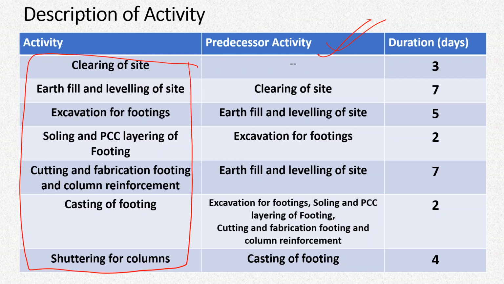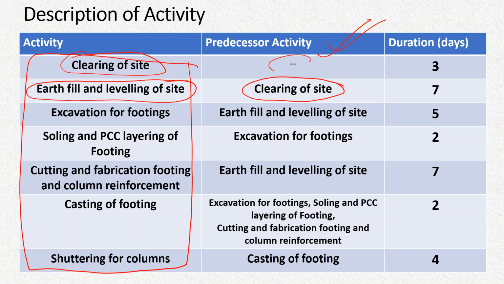The predecessor activity is the activity which is required to be completed before we start the given activity. For example, earth fill and leveling of site can start only after we complete the clearing of the site. But the clearing of the site is not dependent on any other activity, because it is the first and foremost activity, and so on. So you can see the relationship between all these activities.